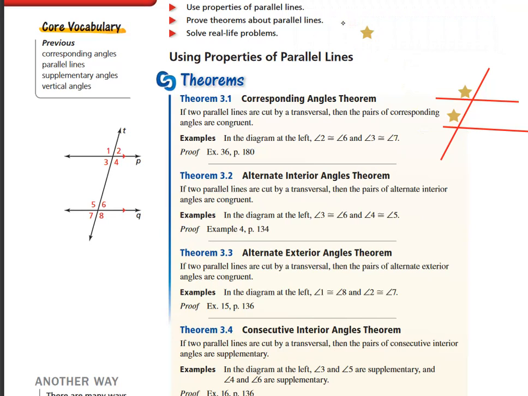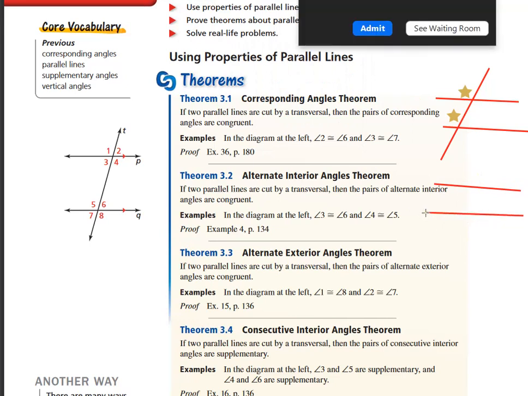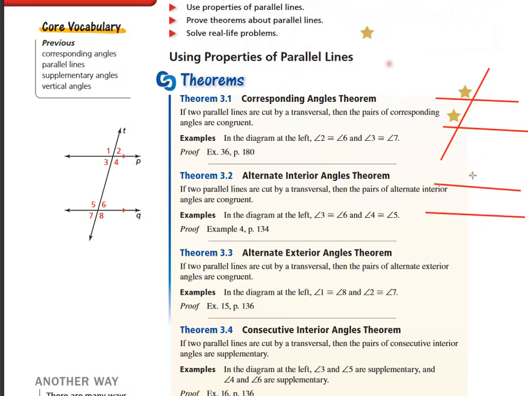Then we've got alternate interior angles theorem. Same deal, if 2 parallel lines are cut by a transversal, then the pairs of alternate interior angles are congruent. So alternate interior, of course this is only if the lines are parallel.